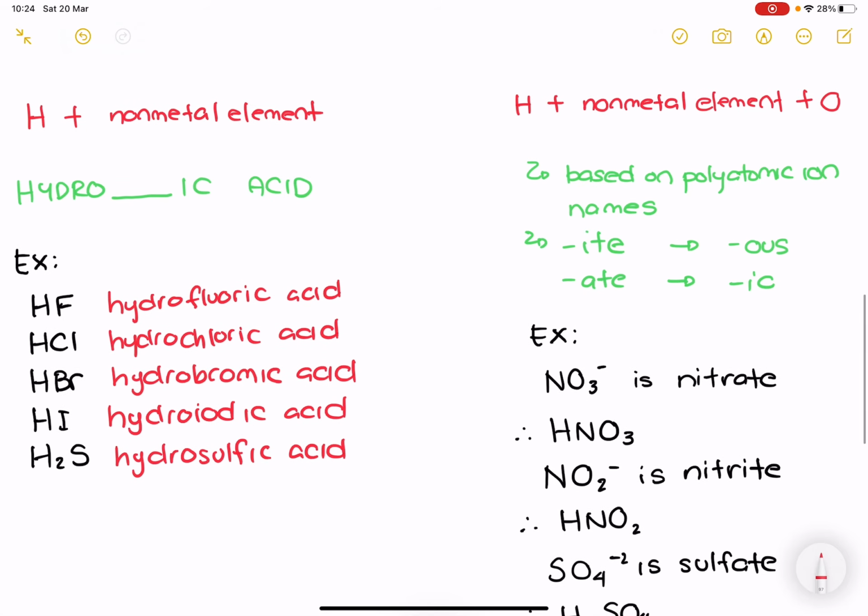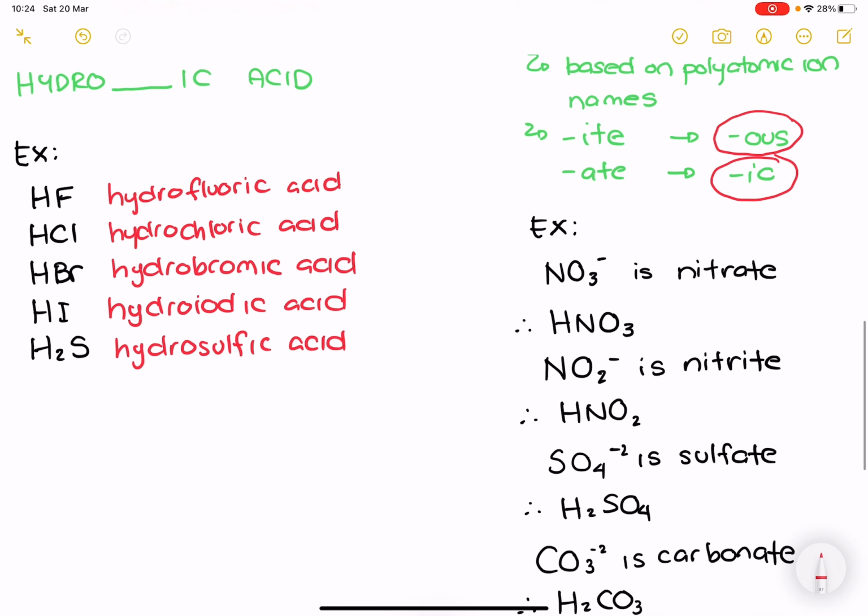Now the rule is if the ion ends with ITE, we will replace the ITE with OUS. If the name of the polyatomic ion ends in ATE, then we will replace it with IC.